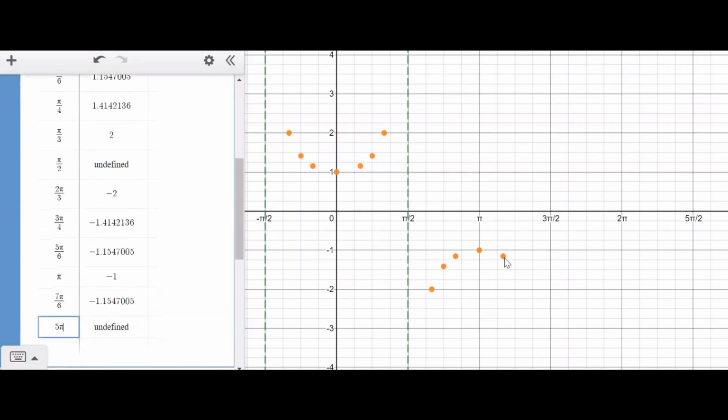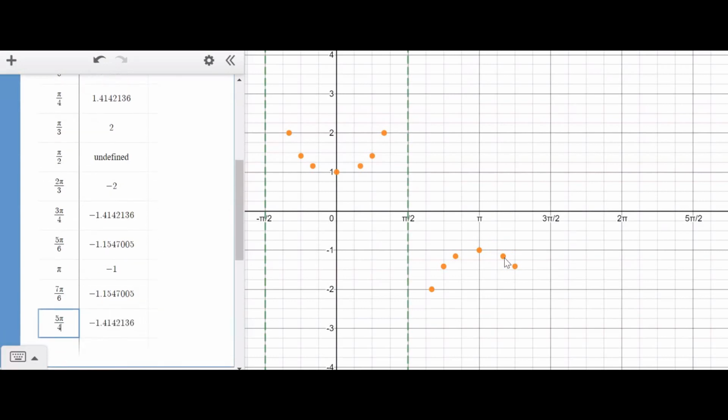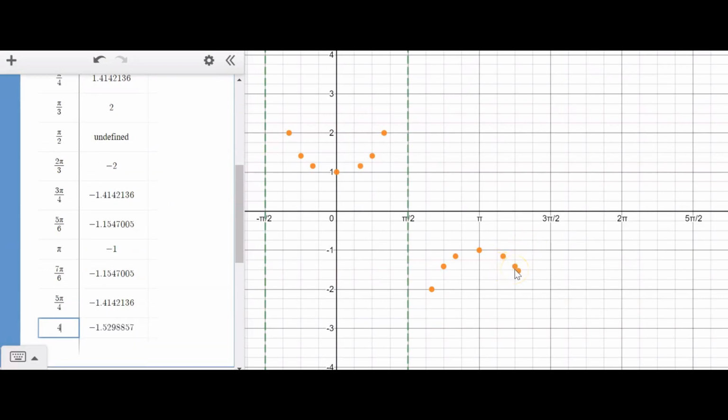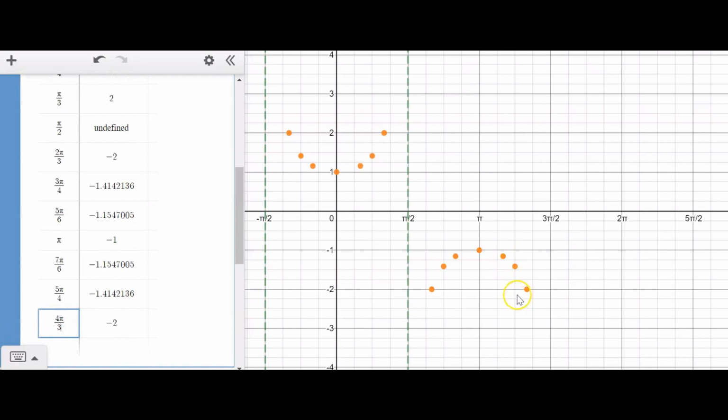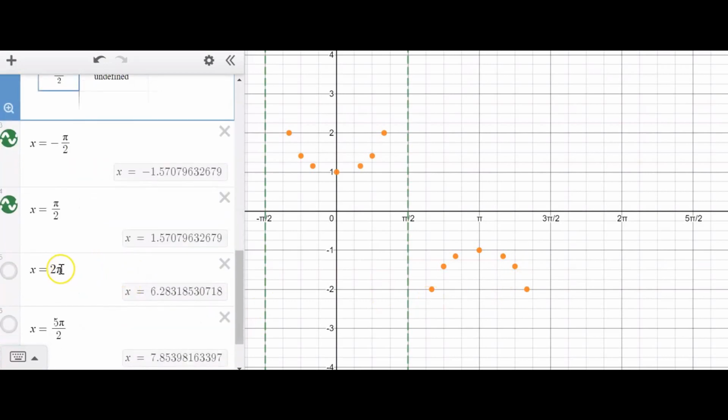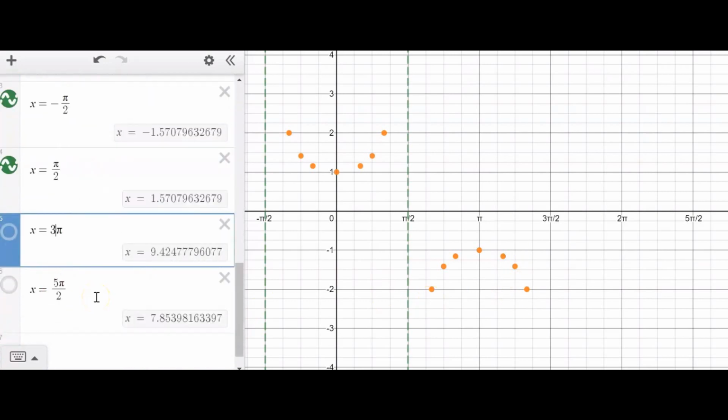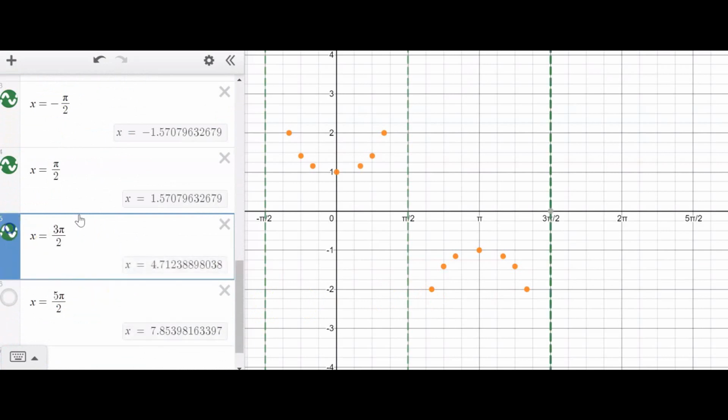Then 5 pi over 4 gives us negative square root of 2. And then 4 pi over 3 gives us negative 2. And then at 3 pi over 2, we get another vertical asymptote. Okay? So we'll put this one at 3 pi over 2. And here we go.